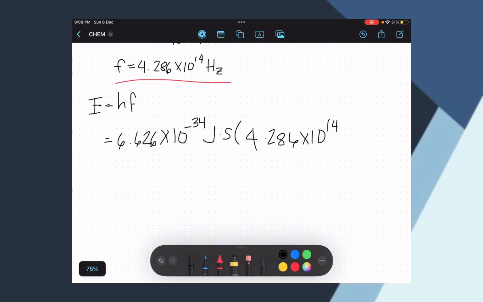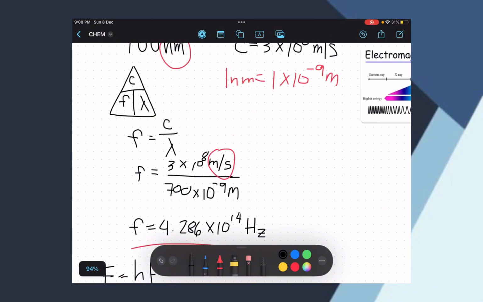Hertz can be written as 1 over seconds, because remember earlier we can cancel the meter, and what's left is the seconds.